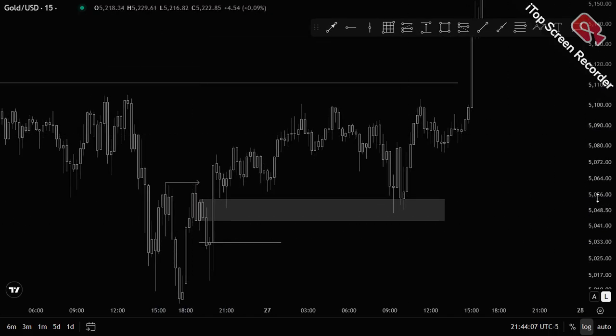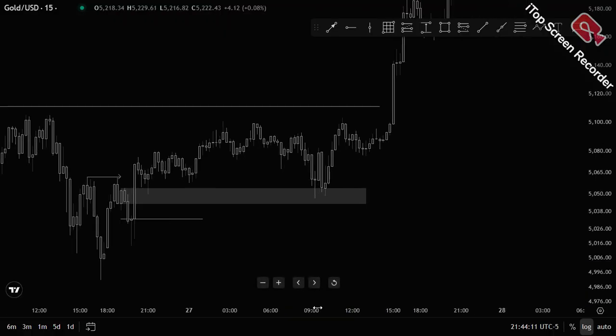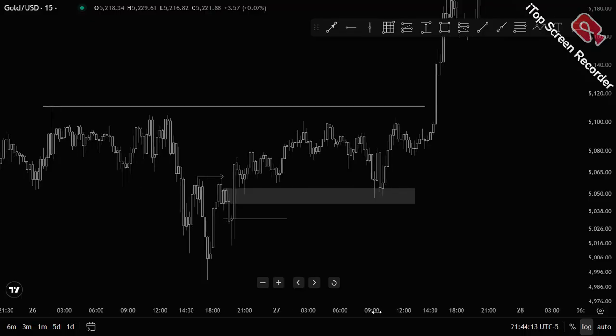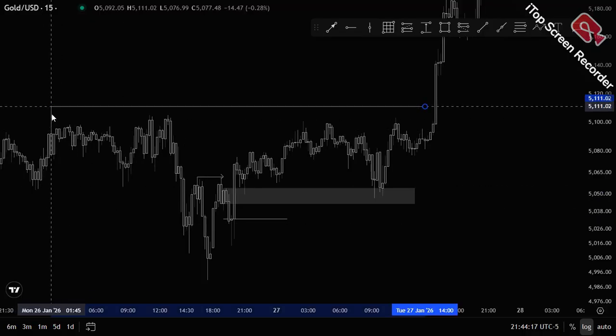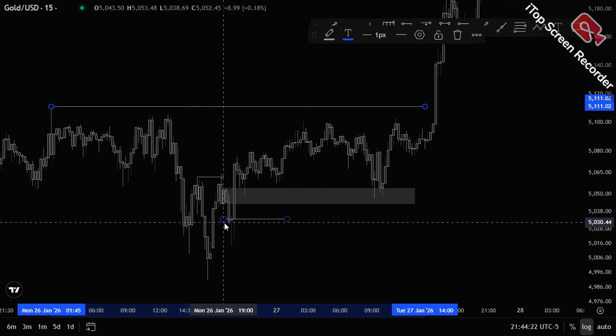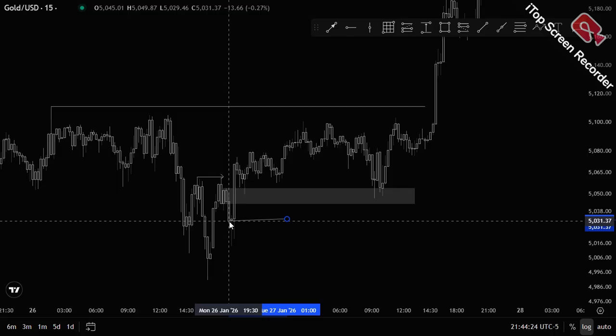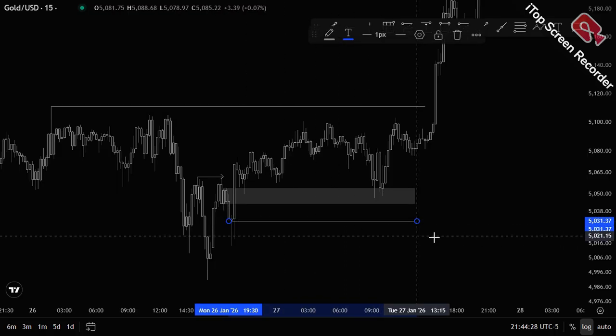So this is our 15 minutes break of structure, and then this is our 15 minutes break of structure. Remember the V-shaped level we saw that we wanted to use as our entry.